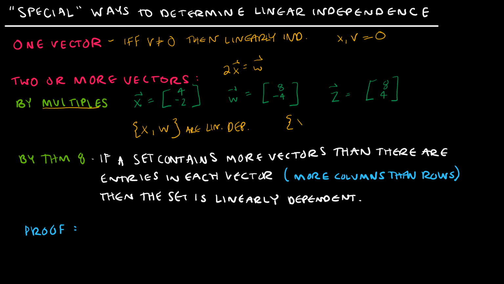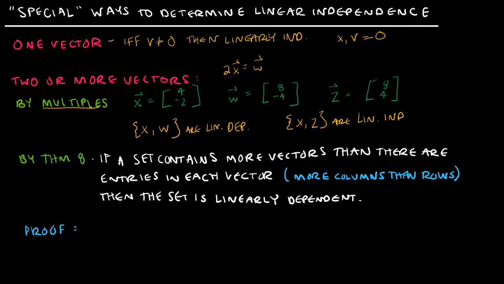Whereas if I'm looking at x and z, these are not multiples of one another. They're close, but obviously we have a difference in the sign there. And so these are linearly independent because they are two separate vectors that I cannot get by multiplying one by some constant.